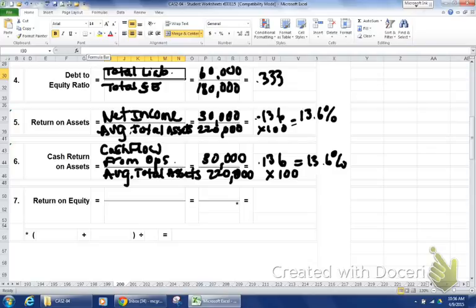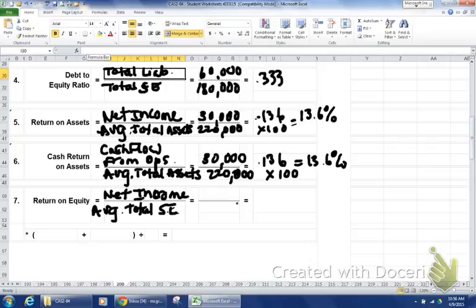Lastly, let's look at the company's return on equity. And what we use here for this problem is the net income. And we're going to divide that by the average total stockholders' equity.